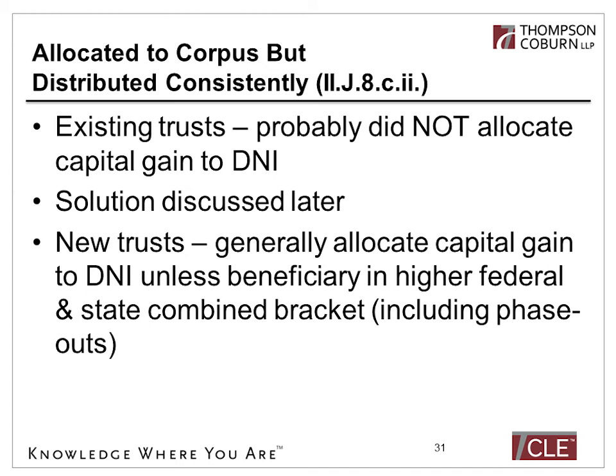Let's talk about the second exception, allocated to corpus but distributed consistently. What you need to do is look at the first time that the following situation arises. During the year, there's a distribution of corpus, so the distribution exceeds your trust accounting income, and during the year there was capital gain.